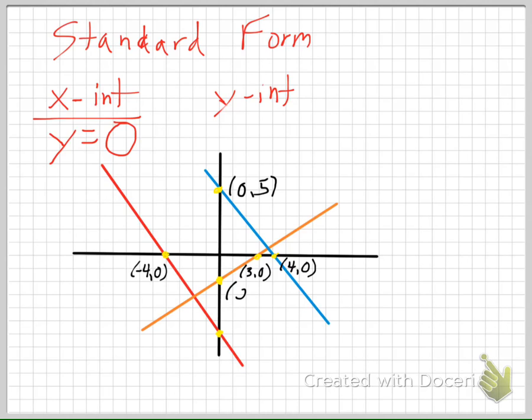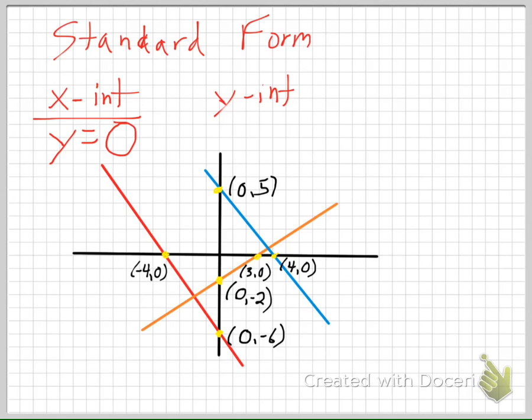Good. 0, -2. And our final one down here, our last y-intercept. 0, -6. All right. So what do we notice in common about all of our y-intercepts?